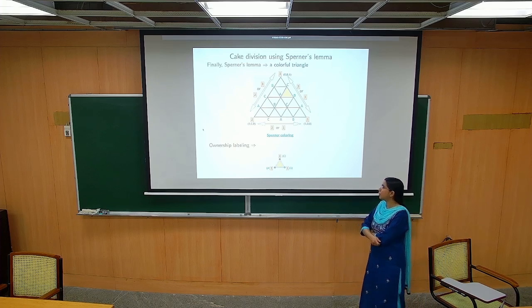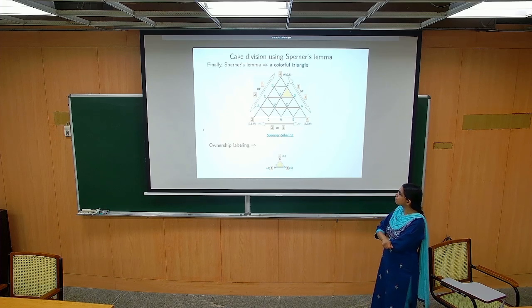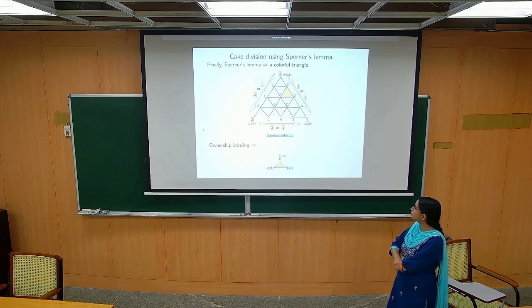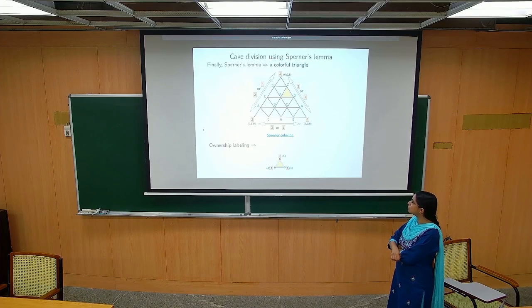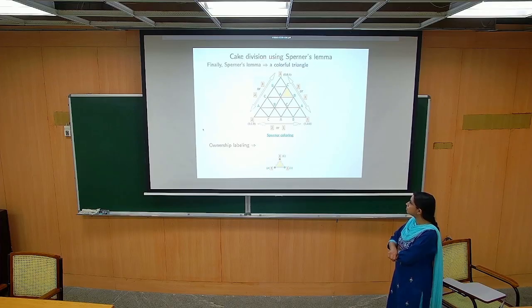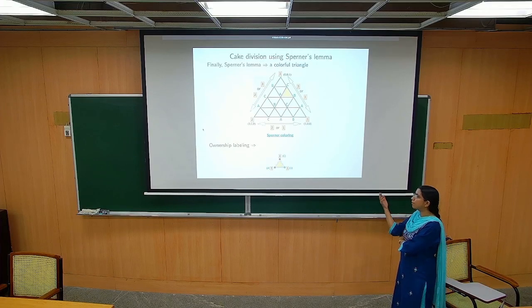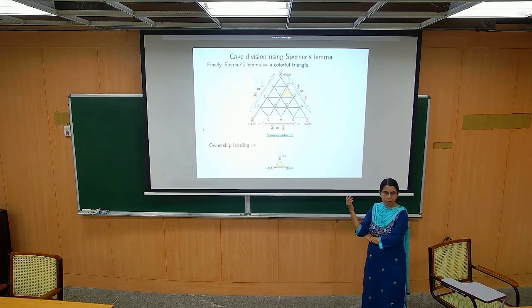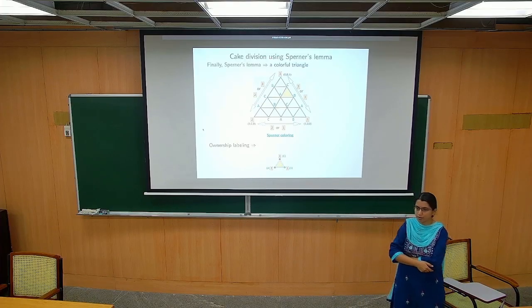Also, another point here is that the procedure will essentially depend on how fine our triangulation is, and so depending on how much approximation we are willing to tolerate in the envy-freeness, our running time will indeed depend on that.